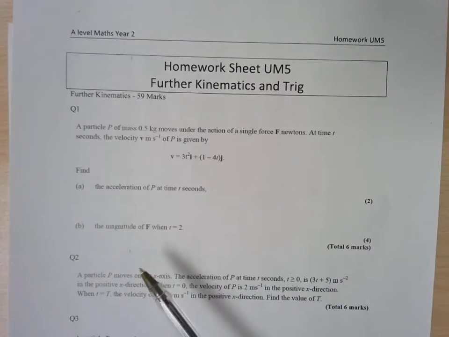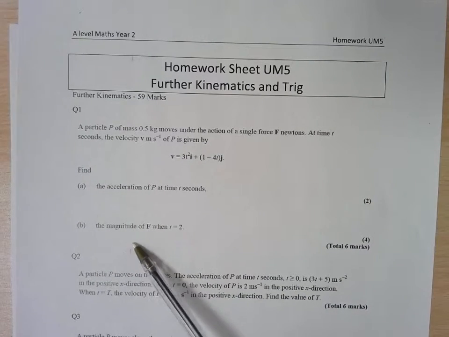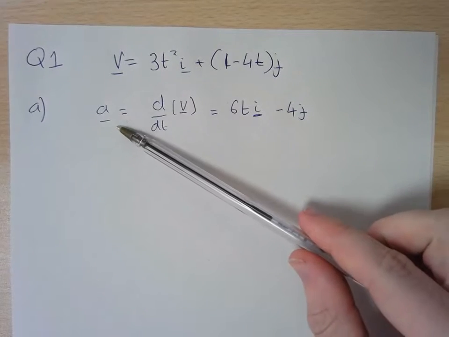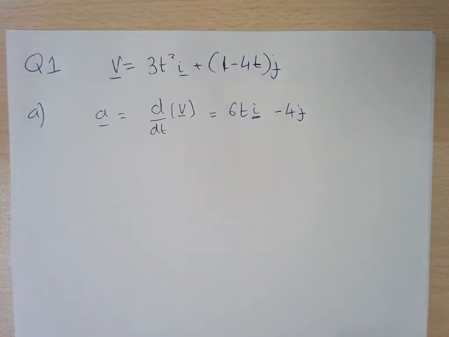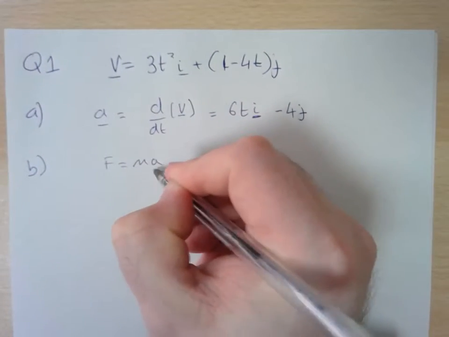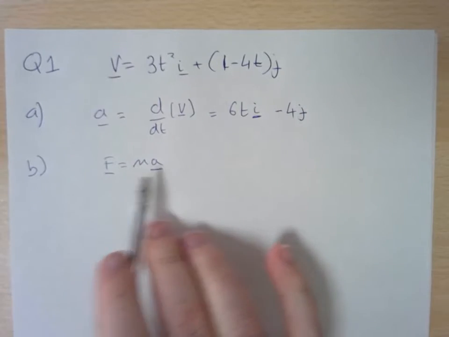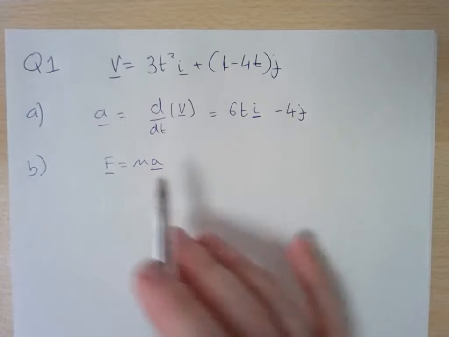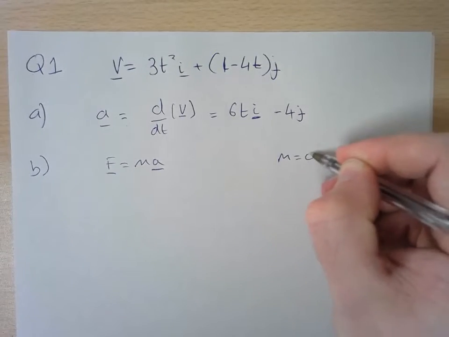If we go back to part B of question 1, we're asked to find the magnitude of the force, or the size of the force. We've got acceleration, and we need to find a force, so we should remember that these are linked using F equals ma, where F and a are vectors, and m is just the mass. We get told in the question that m equals 0.5.